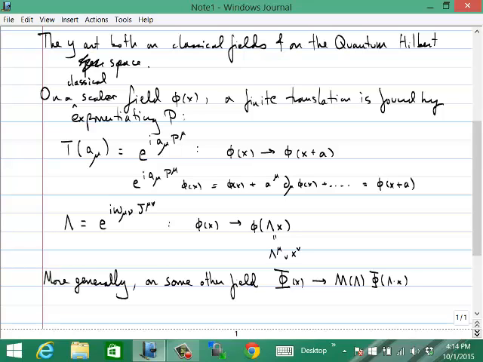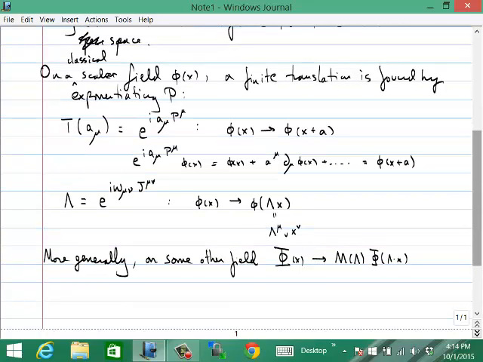be the Lorentz matrix. And in general, these M's have to satisfy the same group multiplication law as the Lorentz group. And the goal then is to try and construct a family of M's and a family of fields that transform nicely in the correct way under these Lorentz transformations.